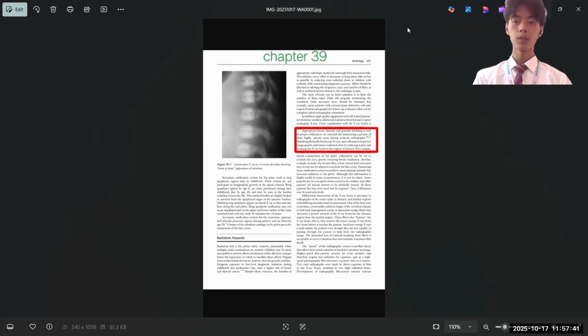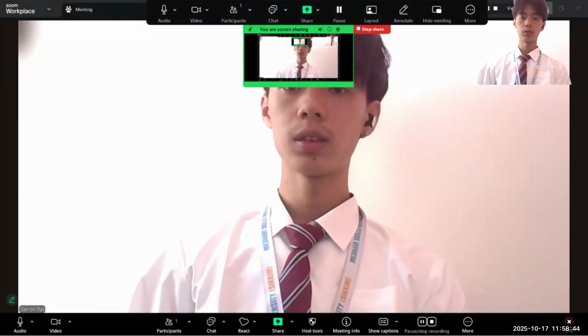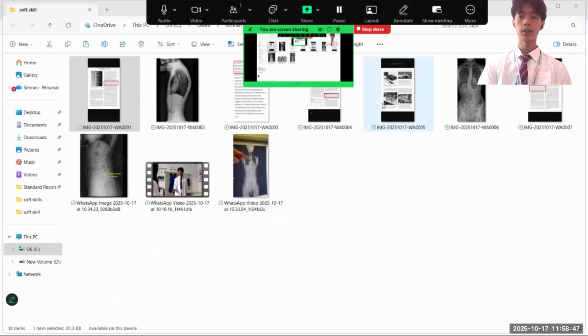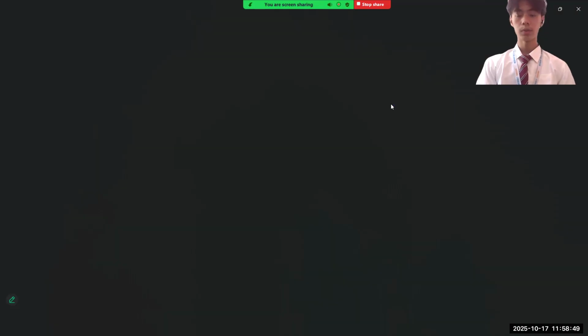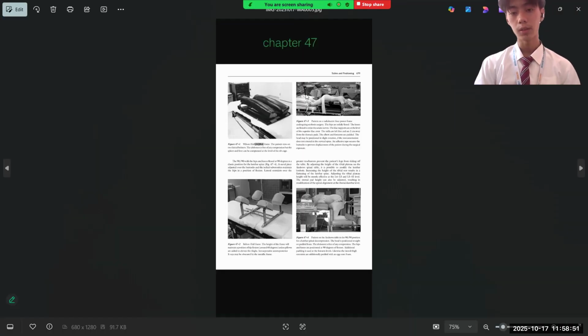With this, the final step for curing any type of spinal deformity is the surgical method. Now we will be referring to chapter 47 of Human Spinal Deformities, where it has clearly mentioned the surgical methods.